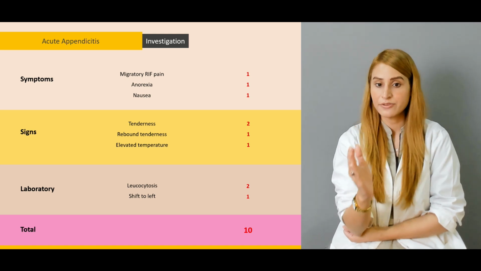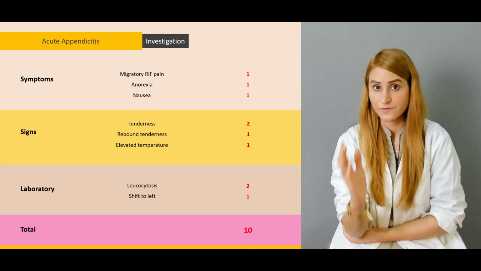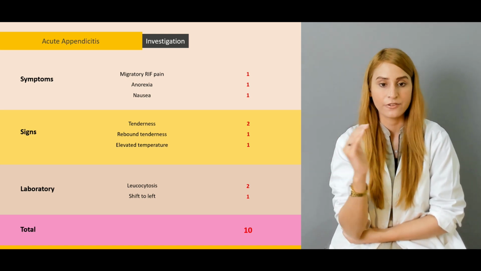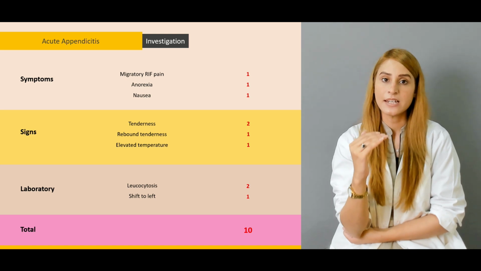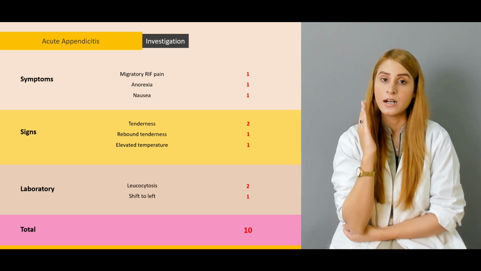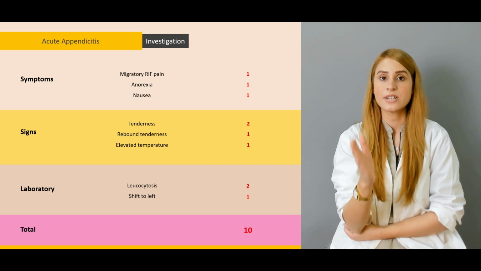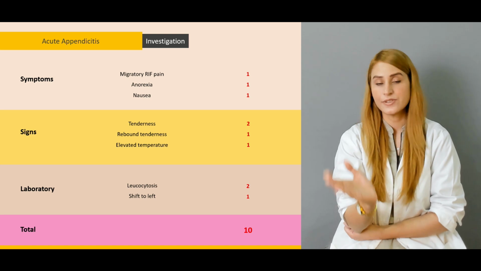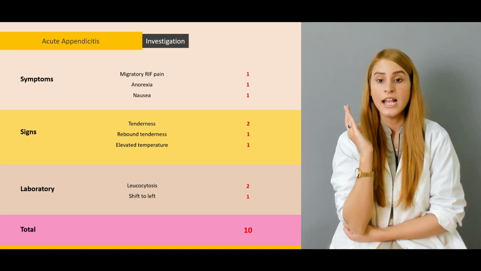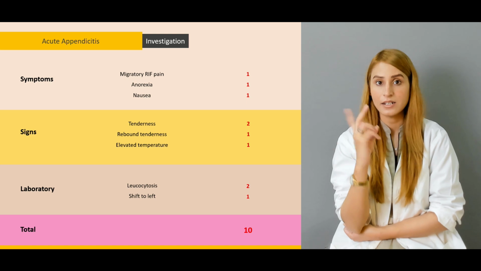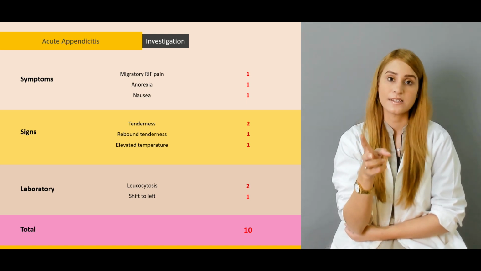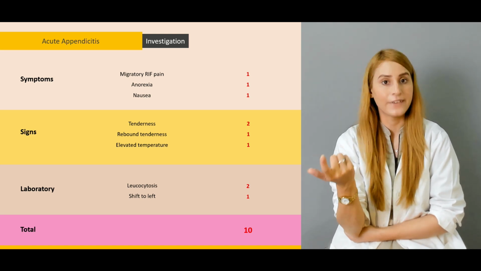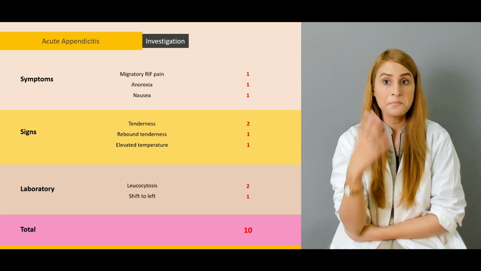M stands for migratory right iliac fossa pain, A is for anorexia, N is for nausea, and 1, 1, 1 is the scoring for all three. Then T stands for tenderness, R stands for rebound tenderness, E stands for elevated temperature, L stands for leukocytosis, and S stands for shift to left. Tenderness has a score of 2, and leukocytosis has a score of 2. The rest of the parameters have a score of 1. So the total score is 10.